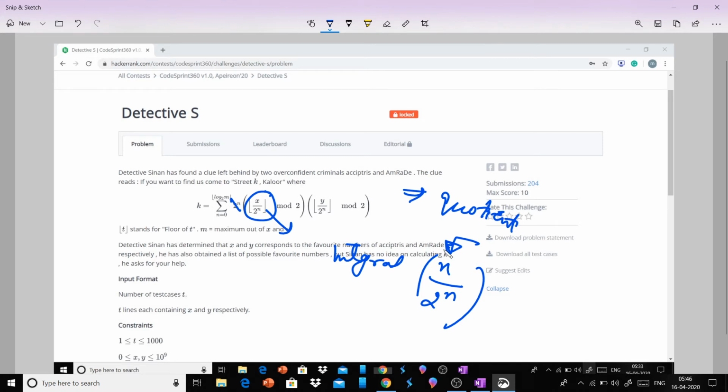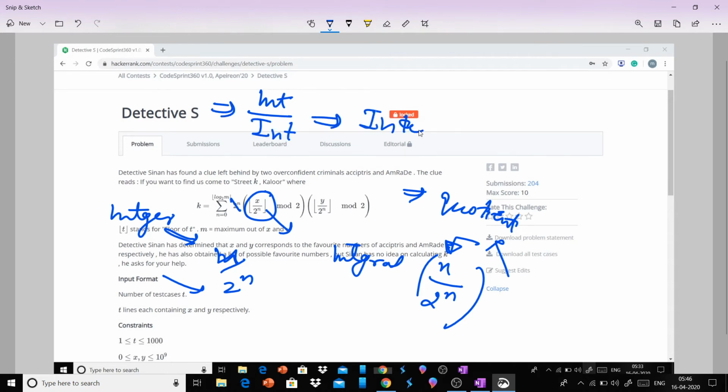If x and 2 power n are integers, we know that when int by int is there, we get output as an integer. So we will always get output as an integer, right?